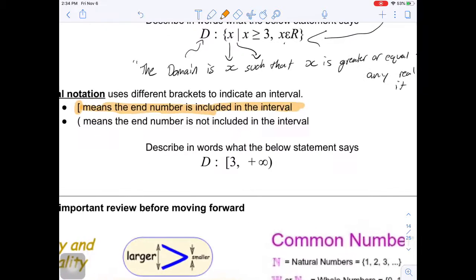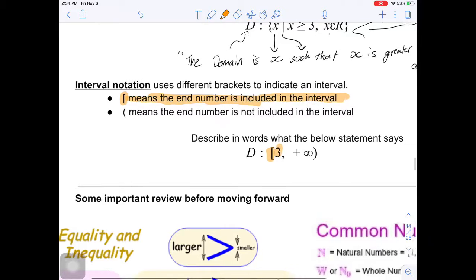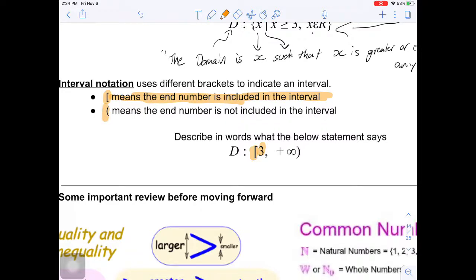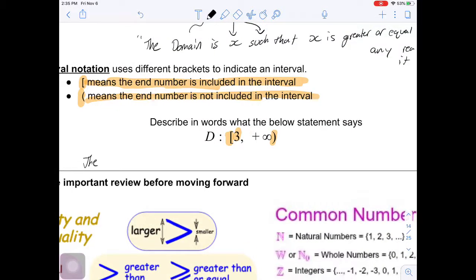Here we see square brackets used, so that means 3 is included in your interval. Rounded brackets mean the number is not included in the interval, such as here. I can read this in describing words.